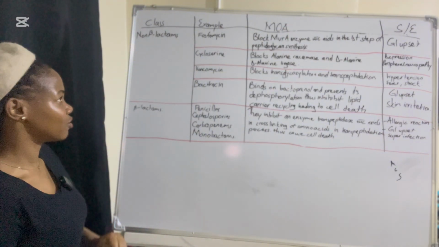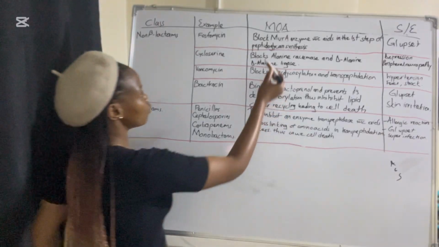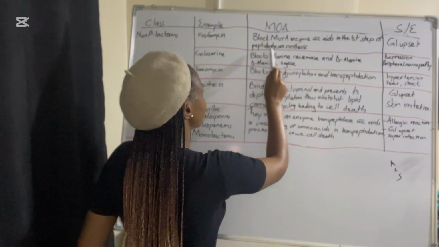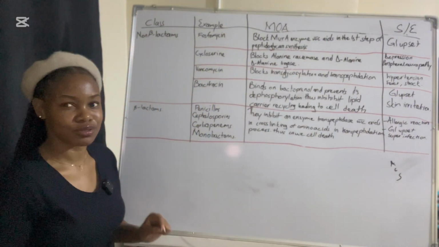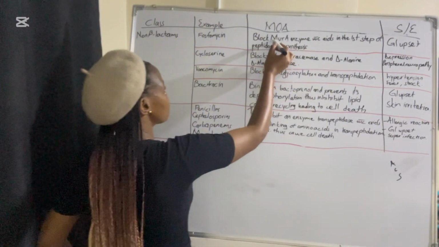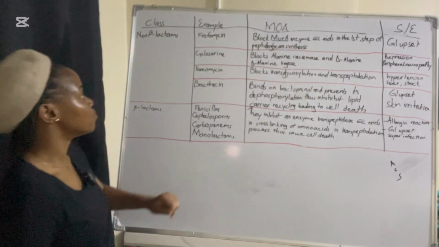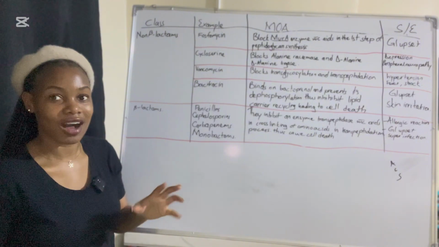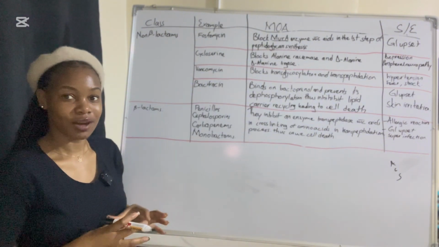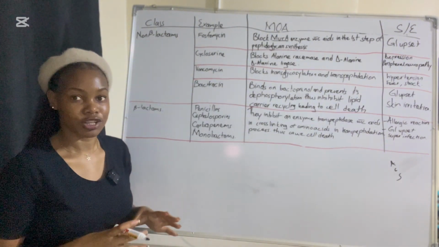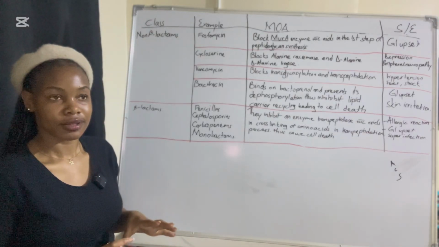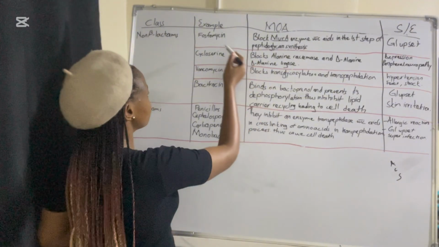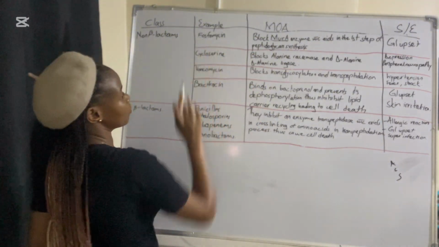What is the mechanism of action of phosphomycin? Phosphomycin is going to block the Mira A enzyme, which helps in the first step of peptidoglycan synthesis. Remember, Mira A is the one that is responsible for adding PEP onto the molecule UDP-N-acetylglucosamine, so it's going to be blocked by the drug phosphomycin.